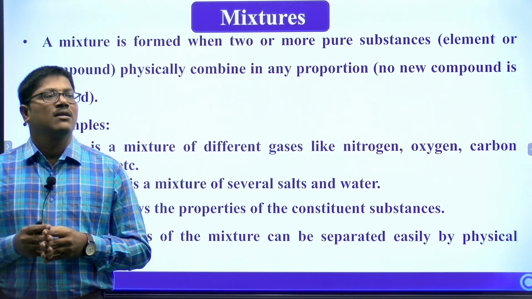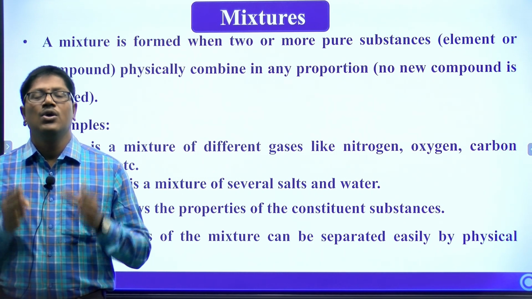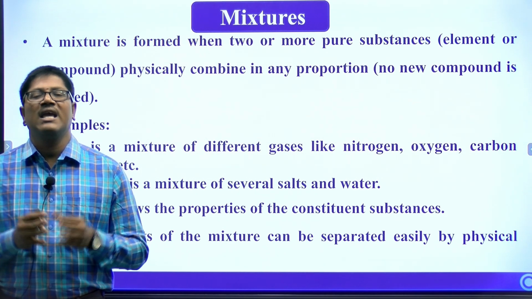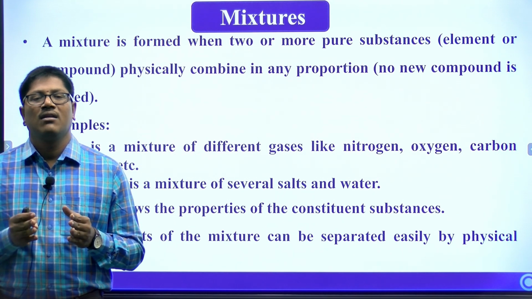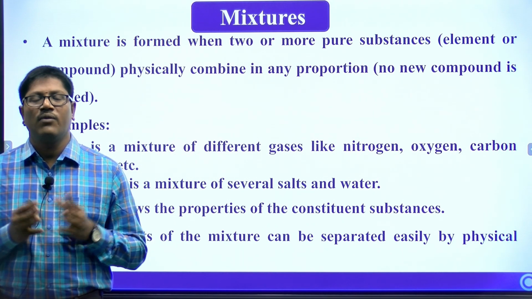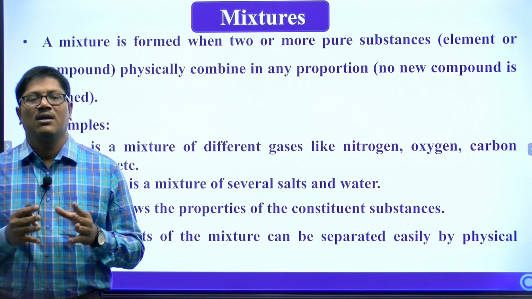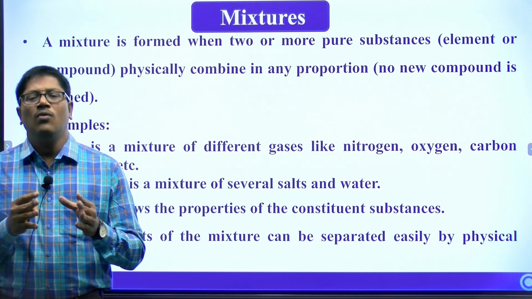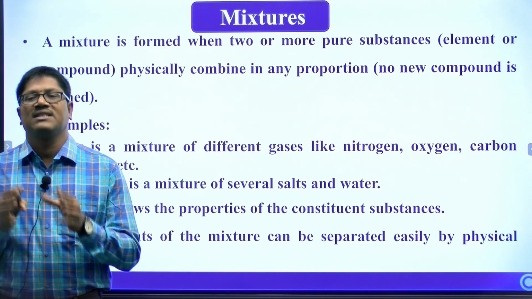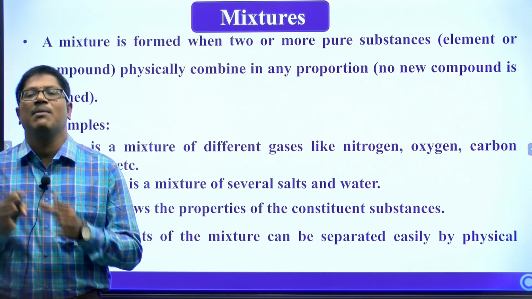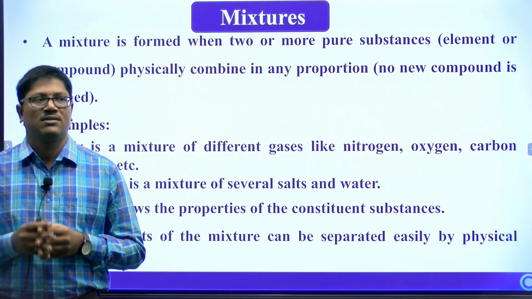A mixture is formed when two or more pure substances are physically combined in any ratio, or we can say in any composition. That means the components are present in variable ratio, or we can say variable composition in the mixtures.